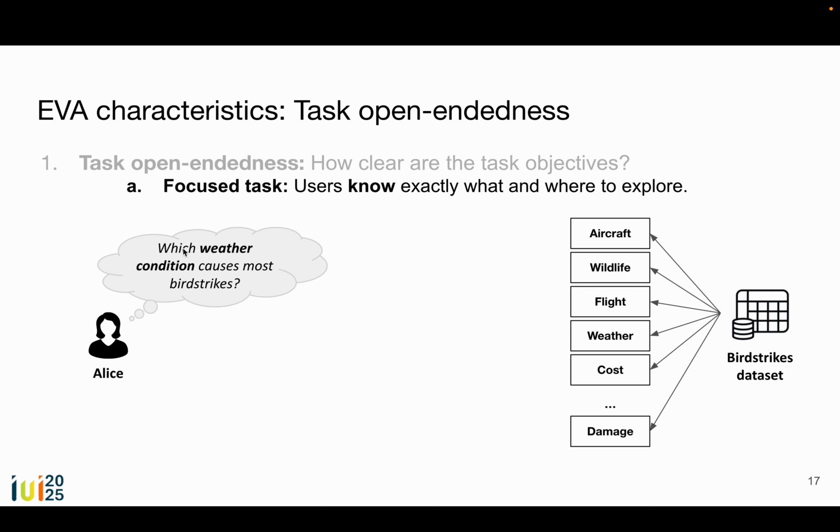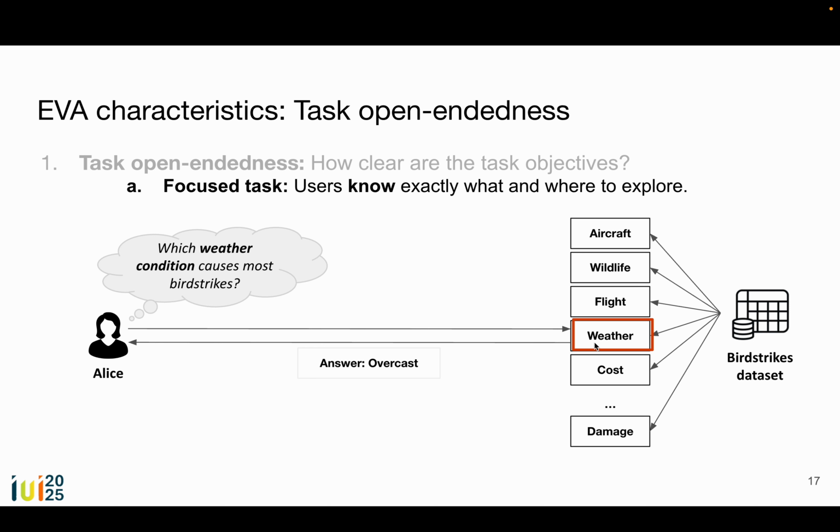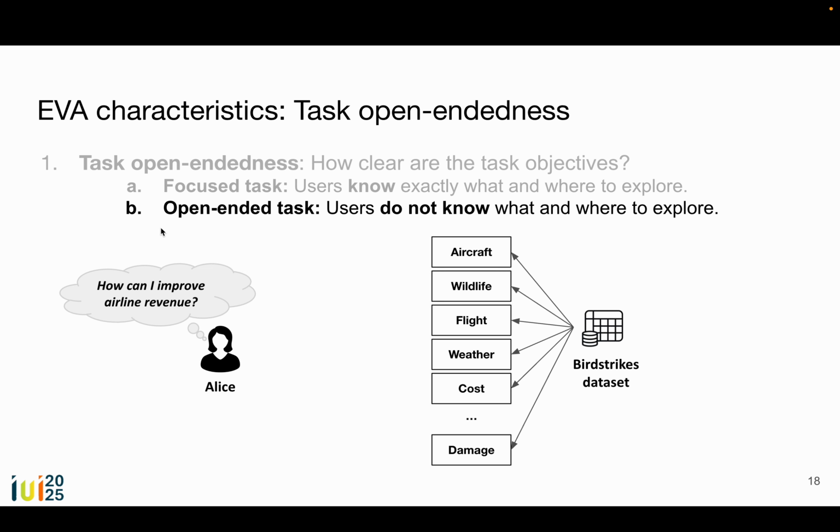For instance, here our user Alice wants to know which weather condition causes the most bird strikes. To solve this problem, Alice knows that if she explores the weather data area, she will find the answer, which is overcast. But in open-ended tasks, users do not know what and where to explore.